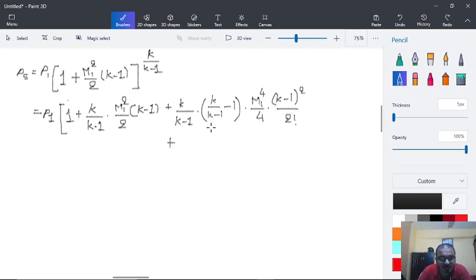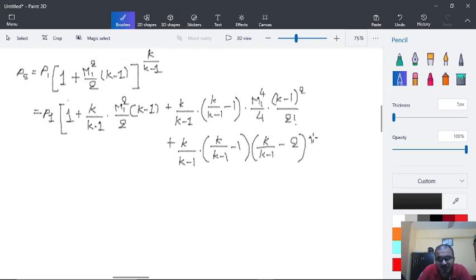So the third term we will be discussing now is K upon K minus 1 into K upon K minus 1 minus 1 into K upon K minus 1 minus 2. Now we will take the cube of this term, that is, the third power of M1 square by 2 into K minus 1.